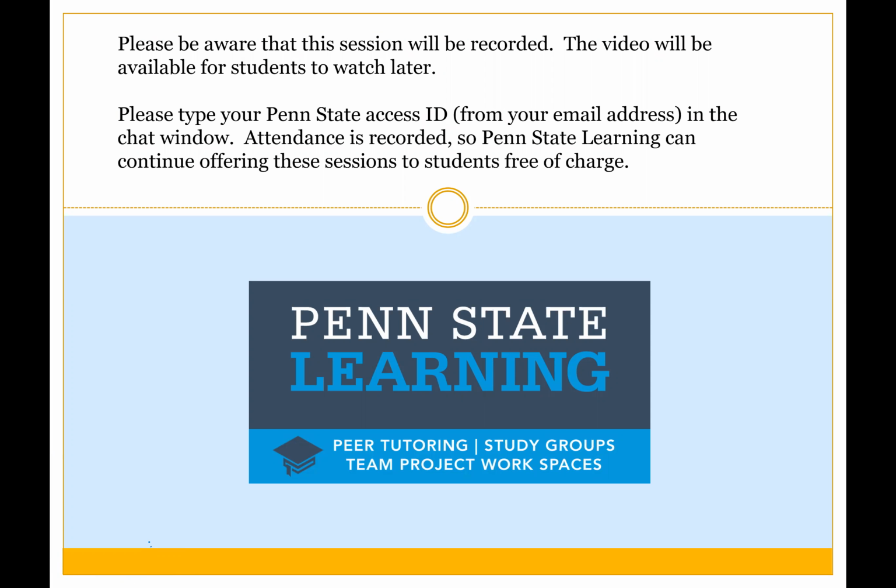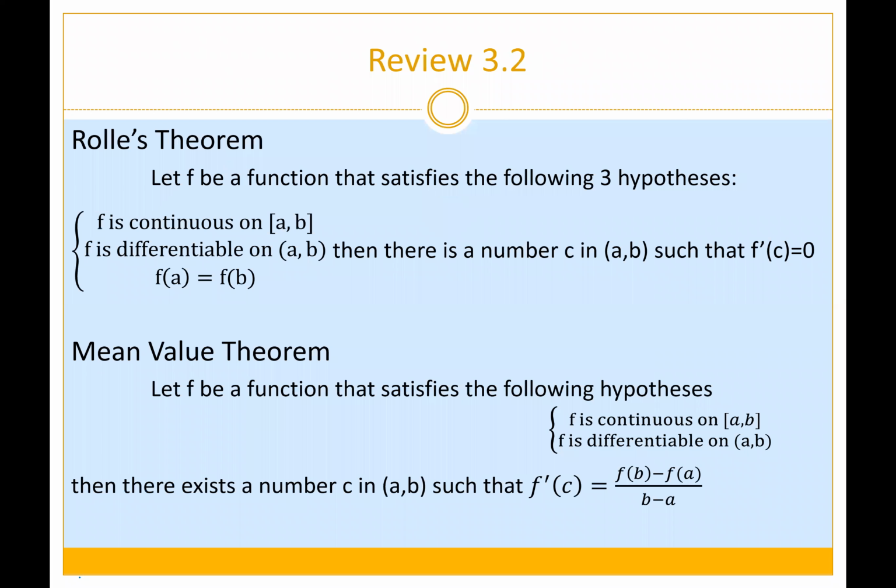section 3.2 and 3.3. So it's going to be when we use Rolle's theorem and the mean value theorem to help us see if there's any general idea on what the slope, what the derivative of that function is on a specific interval before we can actually graph it in 3.5.